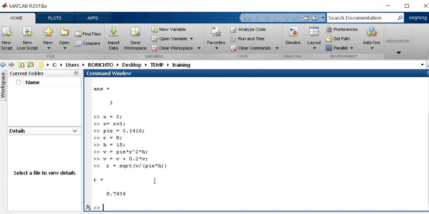I hope this simple example can allow you to do many things and also work in your MATLAB. Well, let us move on to the next part of this presentation, which is the workspace.